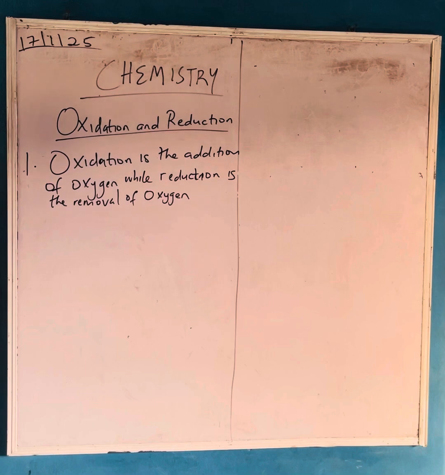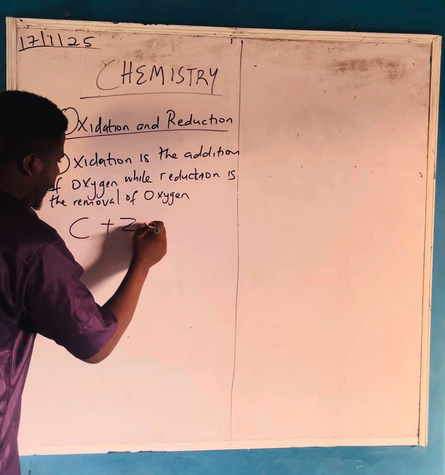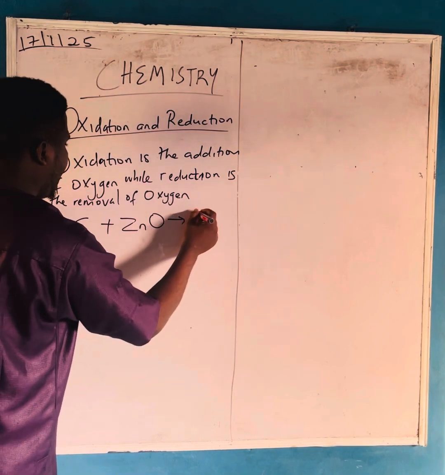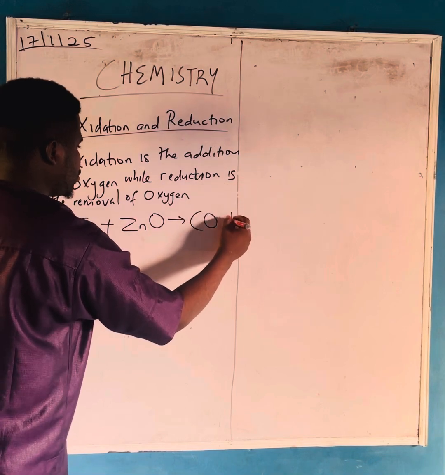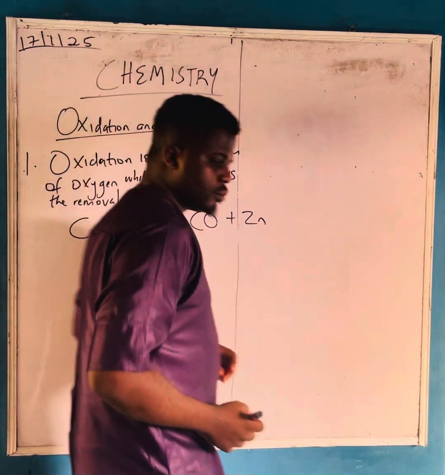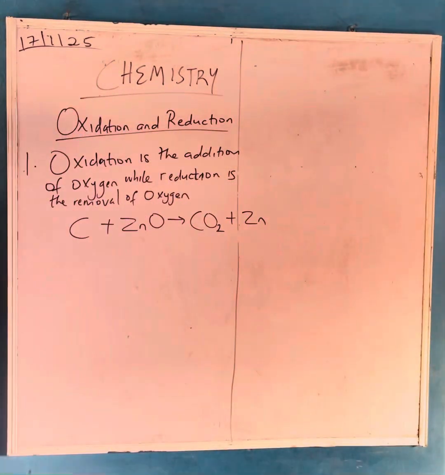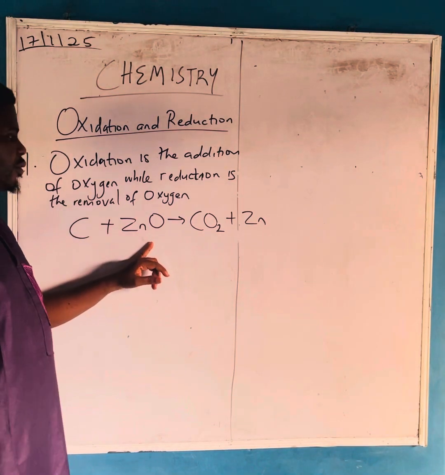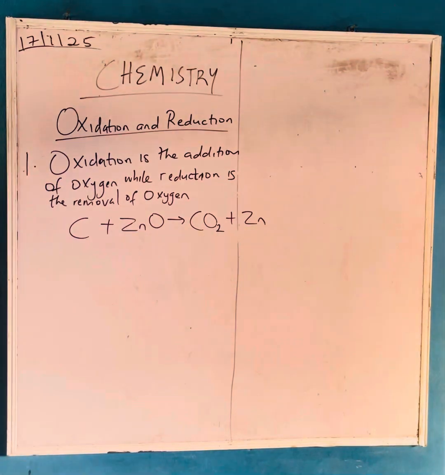Now let's look at this chemical reaction. When carbon reacts with zinc oxide, it forms carbon dioxide and a zinc metal.